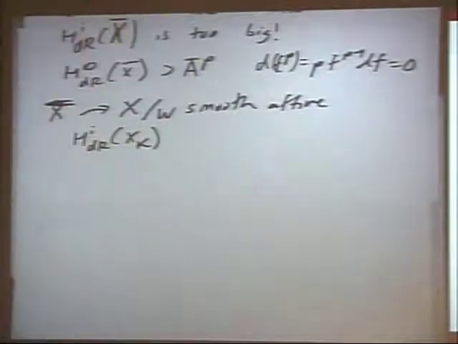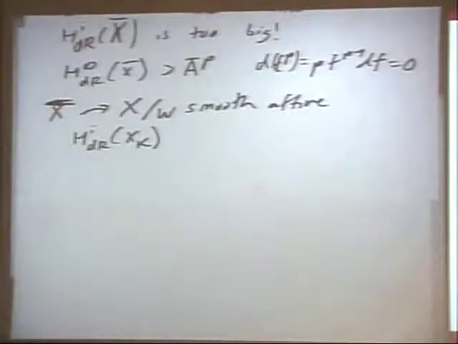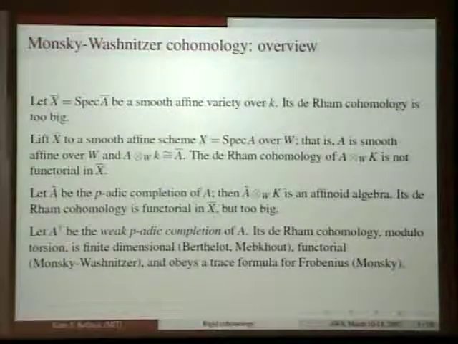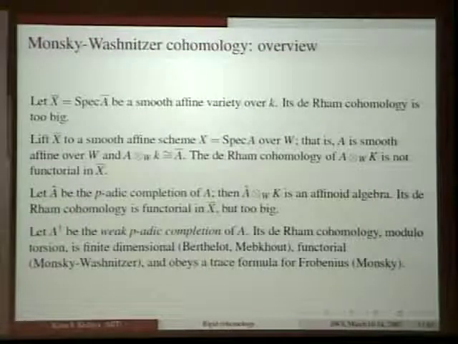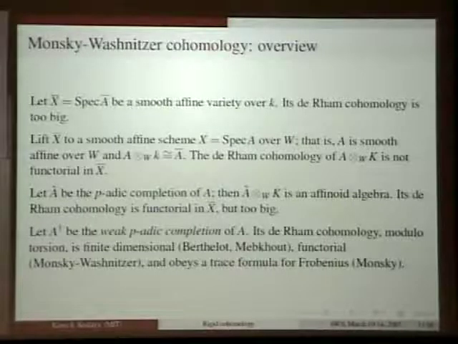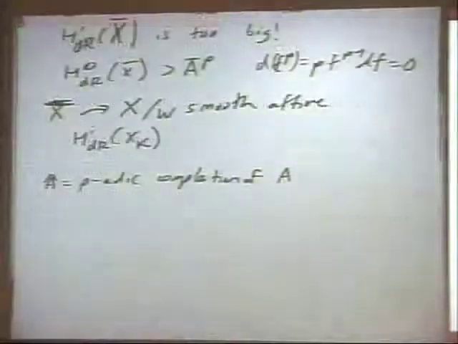Well, because I'm only interested in what's going on in the special fiber, that suggests maybe I should complete along the special fiber. So that way, I'm in a more Henselian situation. So A hat is the p-adic completion of A. So instead of working with the affine A, I'm working with its completion along the special fiber, as a formal scheme, if you like.